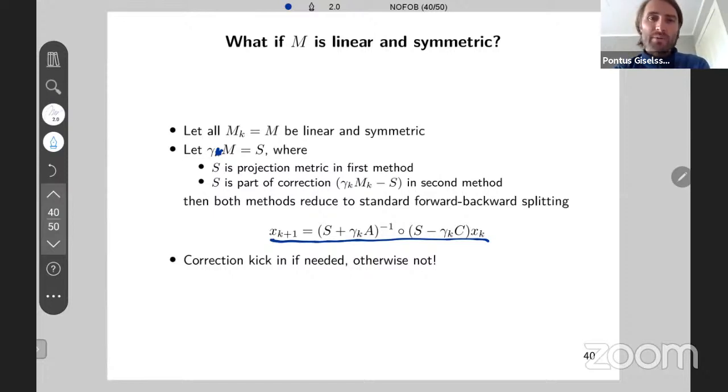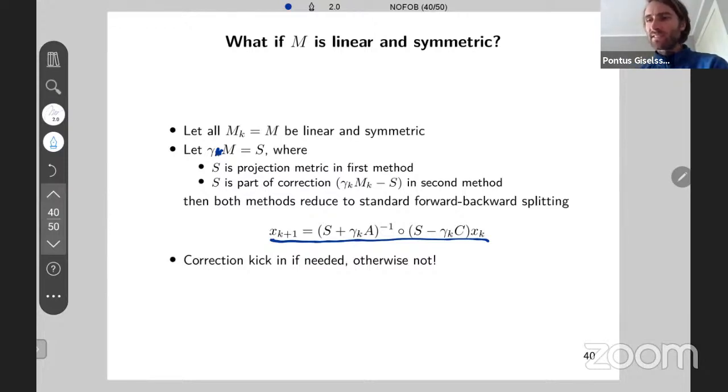So if we have nonlinearity or non-symmetry, that can cause instability or divergence of just a pure iteration, then the projection correction or the momentum correction will help. While if it's linear and symmetric, the correction methods are actually nullified, and we get back to the basic forward backward splitting method that we know converges.